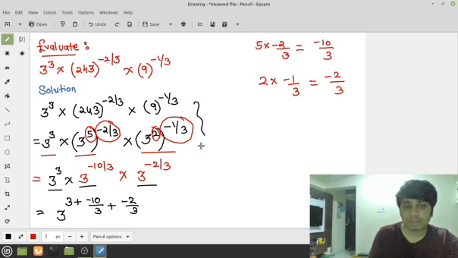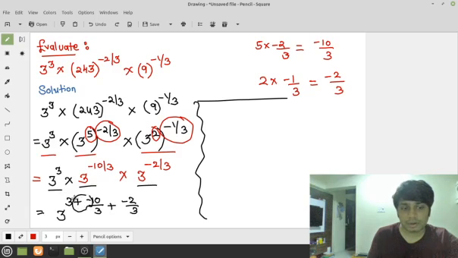Now how will you solve this further? It's very easy now. Whenever you see two signs appearing together, you can convert them into a single sign first and then simplify. So 3 raised to 3, then plus minus becomes minus 10 upon 3, and plus minus again becomes minus 2 upon 3.